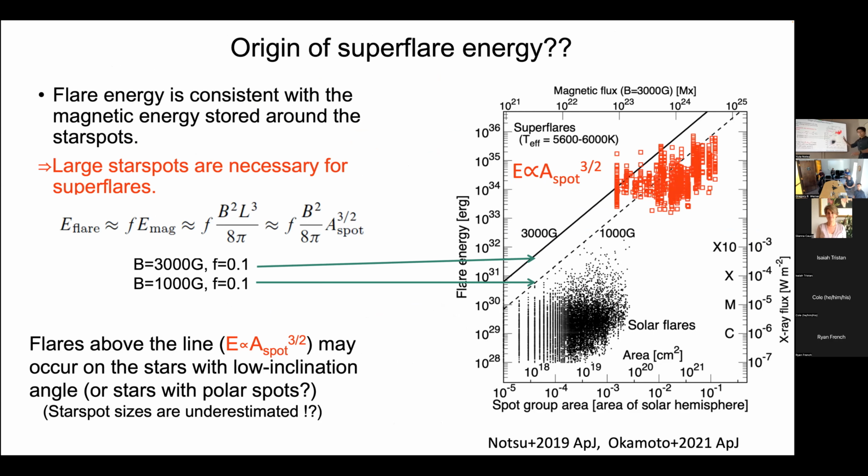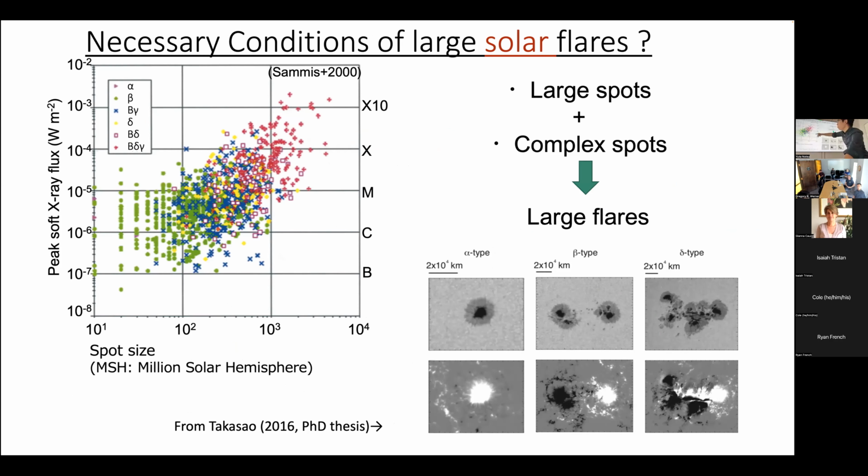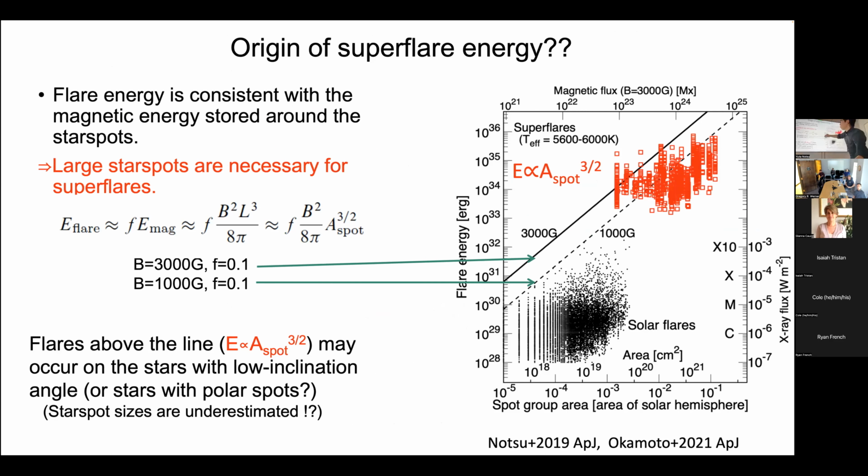Actually, this is almost the same figure as this one: flare size and spot size for superflare events and usual solar flares. As you can see, the superflare data points are located on the right side. So larger spots.